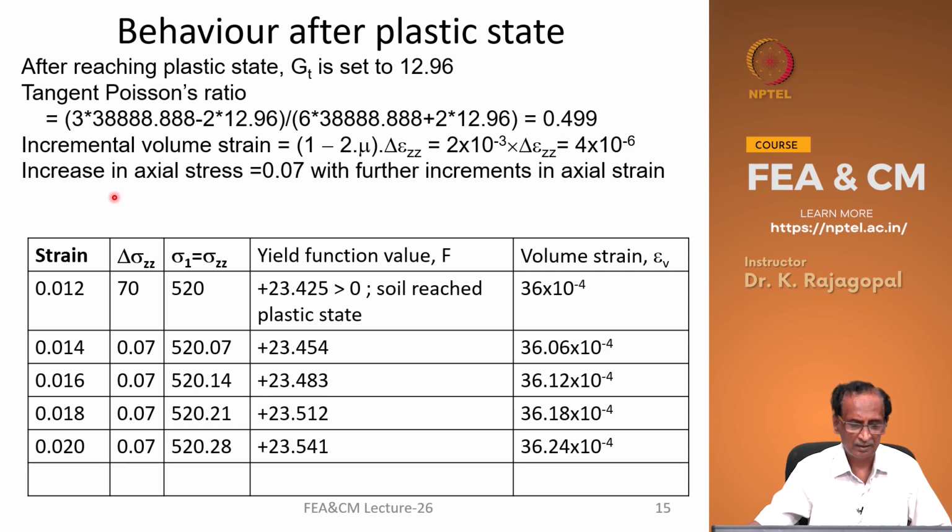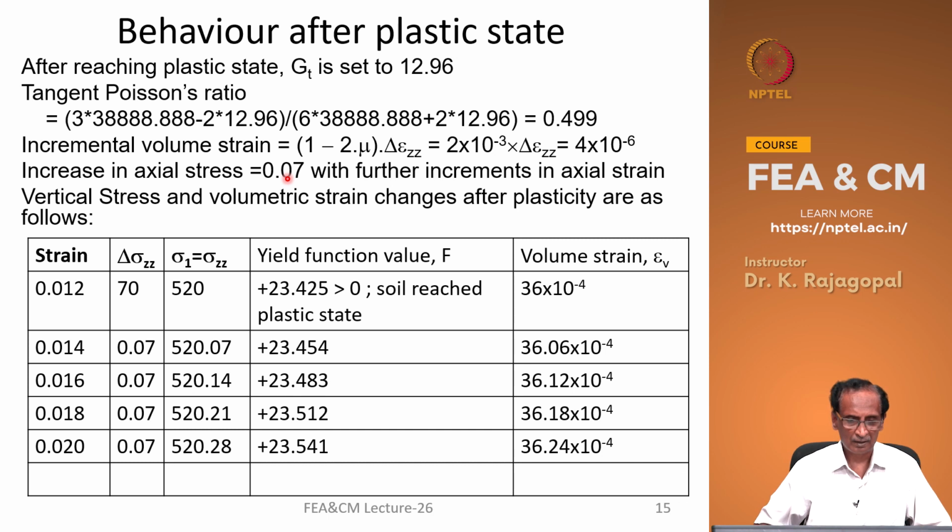Then the increase in the axial stress is 0.07, which is very small compared to the previous value of 70. So, let us look at the vertical stress and the volumetric strain changes after the plasticity. Previously we were at a strain of 0.012, and our sigma 1 was 520, our yield function value is 23.425, and our volumetric strain was 36 times 10 to the power of minus 4.